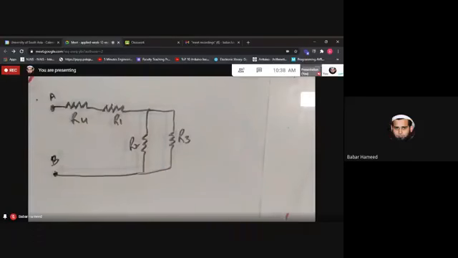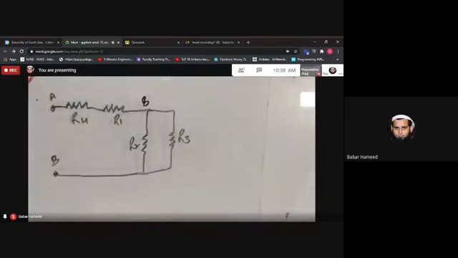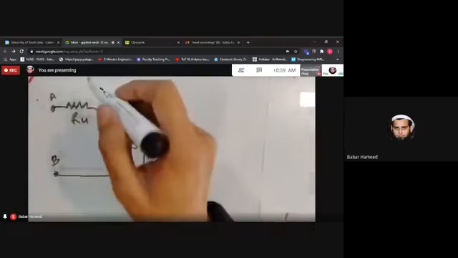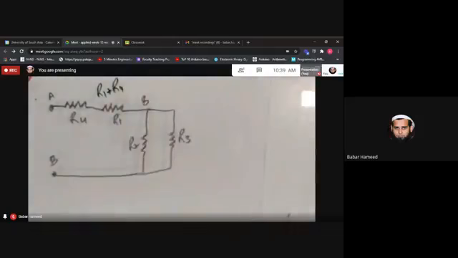Now, the resistance between point A and B is the sum of R1 and R4 as both are in series, and this combination is in series with the parallel combination of R2 and R3 as I mentioned earlier.